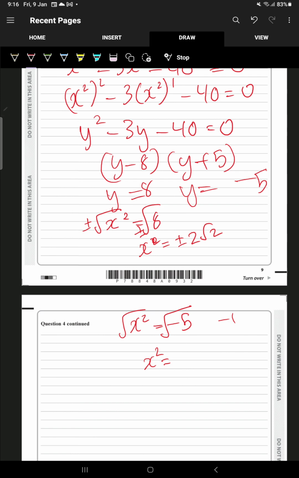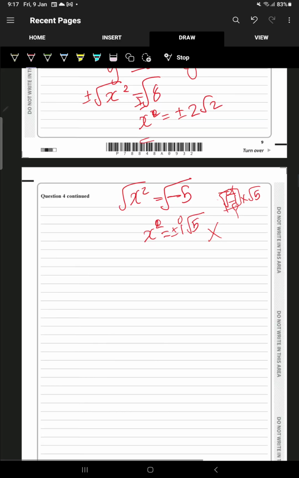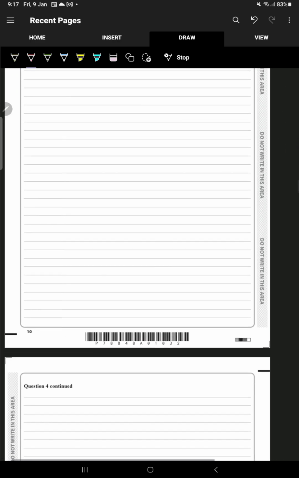Just for understanding, you can't take a square root of a negative, it is going to be imaginary, so this can be written as i root 5, because root of minus 1 times root of 5 gives minus 5, and root of minus 1 is equal to i, which is imaginary. So there's no negative square root. This is going to be the answer, plus or minus 2 root 2.